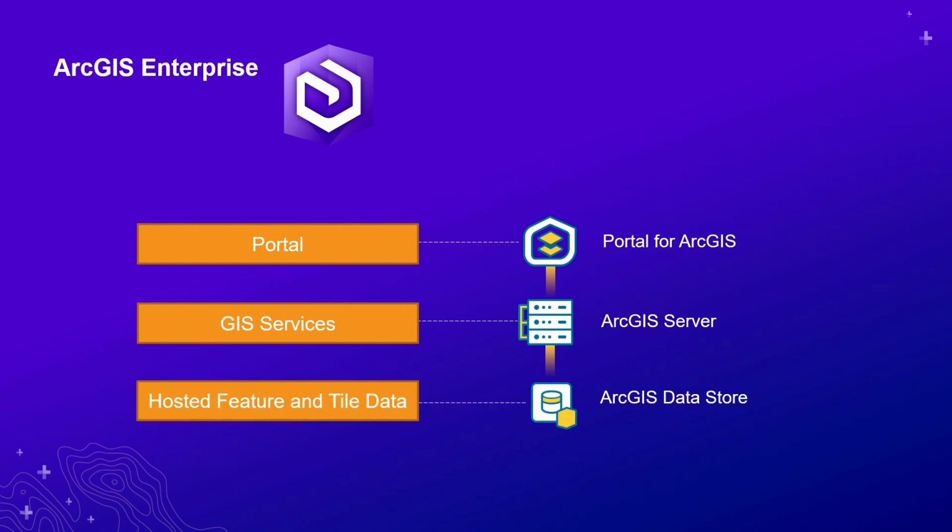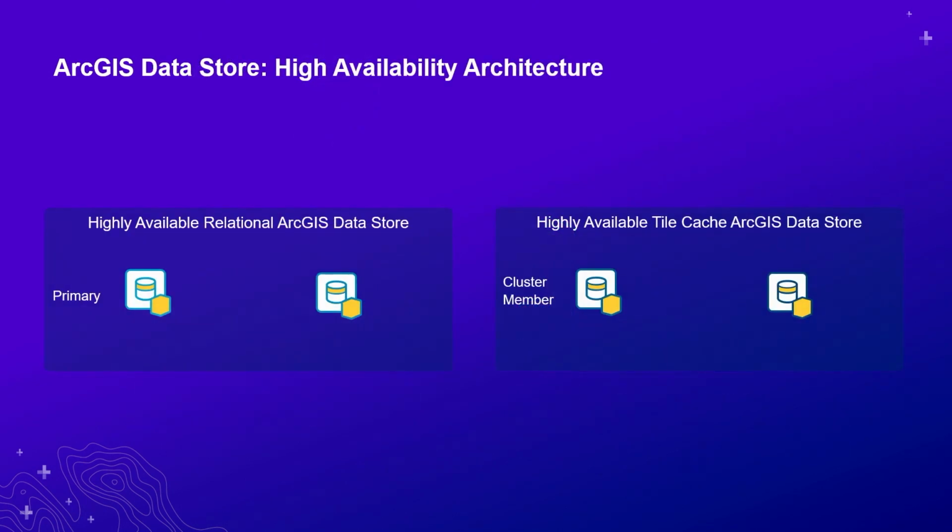So the last component that we'll talk about in the realm of ArcGIS Enterprise is the ArcGIS Data Store. So the ArcGIS Data Store highly available architecture is dependent on the type of data store that's registered. And this is more so at 10.8.